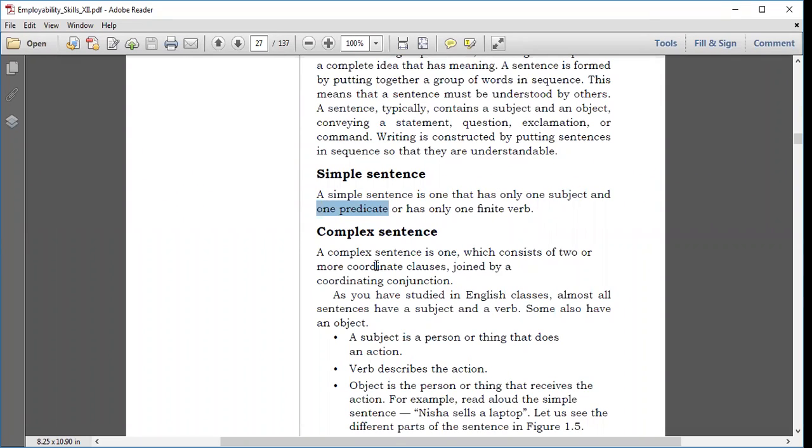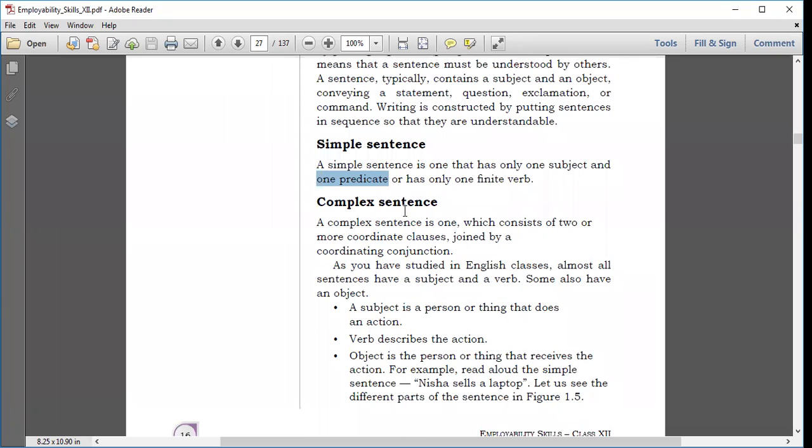Subject क्या होता है, जो main part है sentence का, which is actually doing the action, उसको हम subject बोलते हैं. And the rest of the part is predicate. And a complex sentence is the one which consists of two or more coordinate clauses, and they are always joined by conjunctions, right?